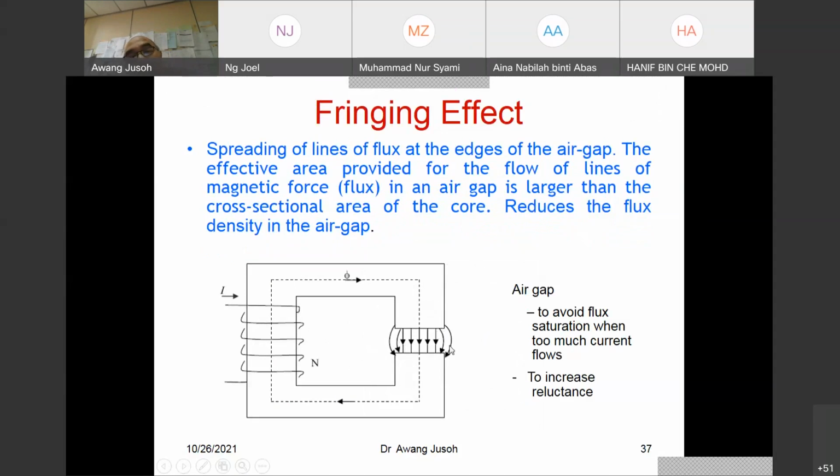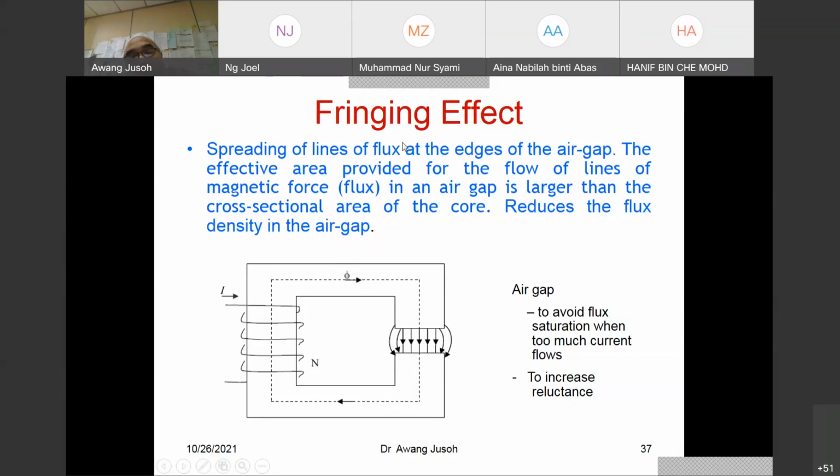At the air gap, some of the flux lines will bulge like that. So what happens in this area? The area of the flux lines will be bigger compared to the core. When the area is bigger, the flux density will be smaller. So in the air gap we have smaller flux density due to the fringing effect.